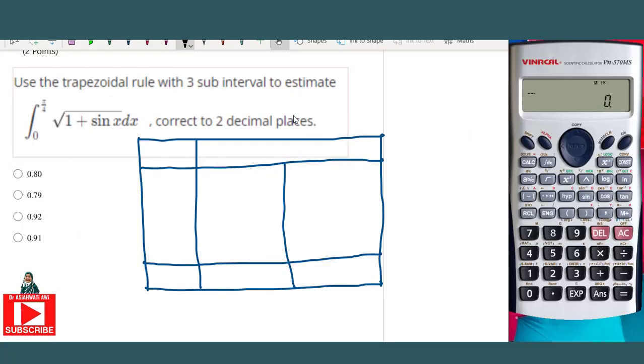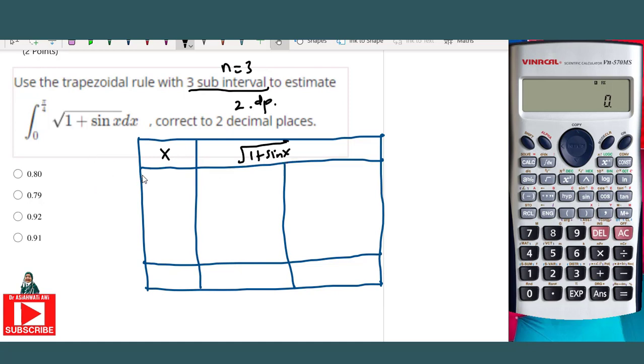For number 7, use the trapezoidal rule with 3 sub-intervals, n is equal to 3, to estimate the integral of the function square root of 1 plus sine x from 0 to pi over 4 with respect to x, correct to 2 decimal places. So first, draw this table: this is x, and this is the function, 1 plus sine x.